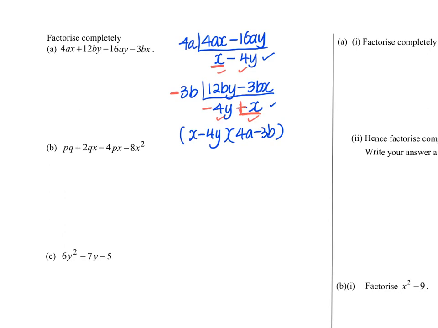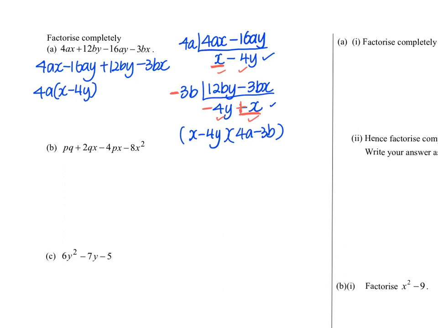Now, what about the other methods that usually teacher writes? They will write this such as 4ax minus 16ay, 12by minus 3bx. Then we will have 4a bracket x minus 4y. Please try to refrain from adding brackets that look like this. Okay, there are some students who actually write bracket like this. This is not correct.